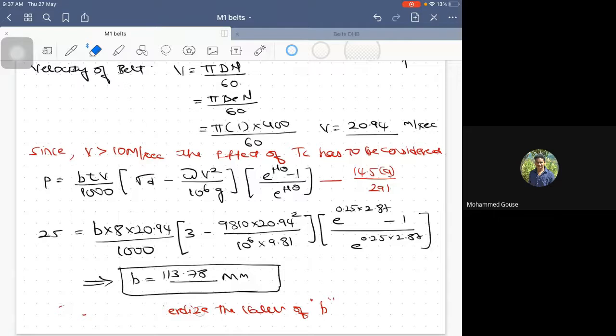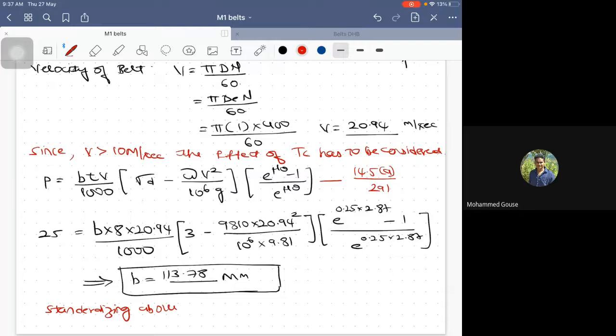Okay. So just write: standardizing the above obtained value using table number 14.9A, which is at page number 311.